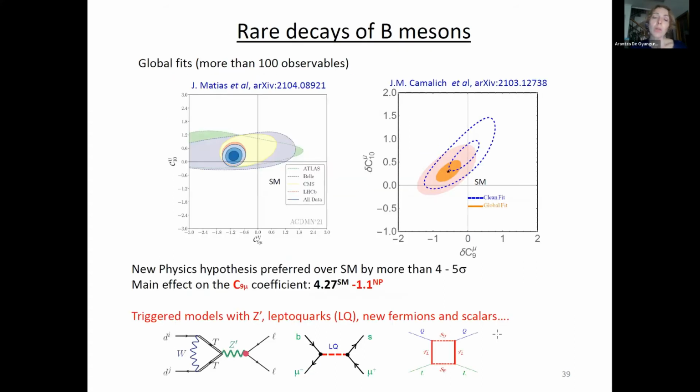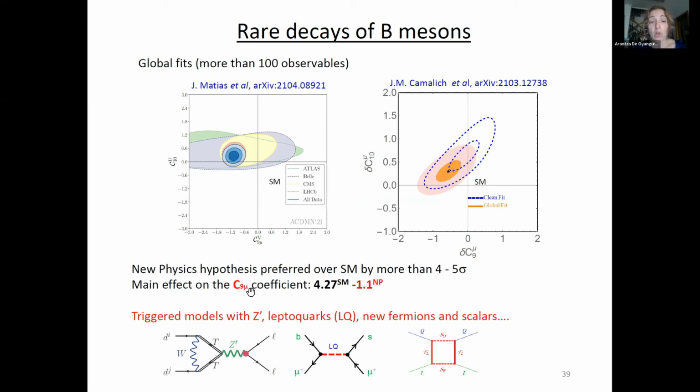Okay. But you can put all this information together, more than 100 observables from the different experiments: Belle, LHCb, CMS, ATLAS, all the experiments that we have. Many theoretical groups have been working on this and doing global fits, and everyone is observing that the new physics hypothesis is preferred over the Standard Model by more than 4 or 5 sigma.